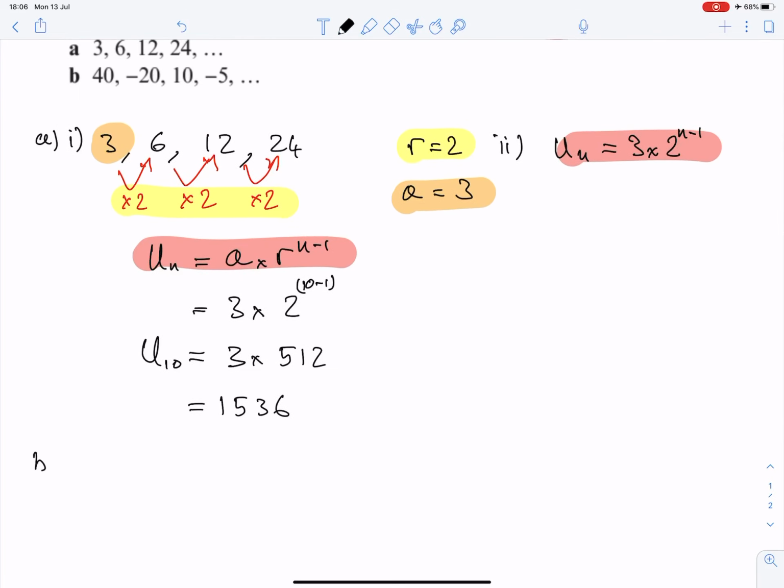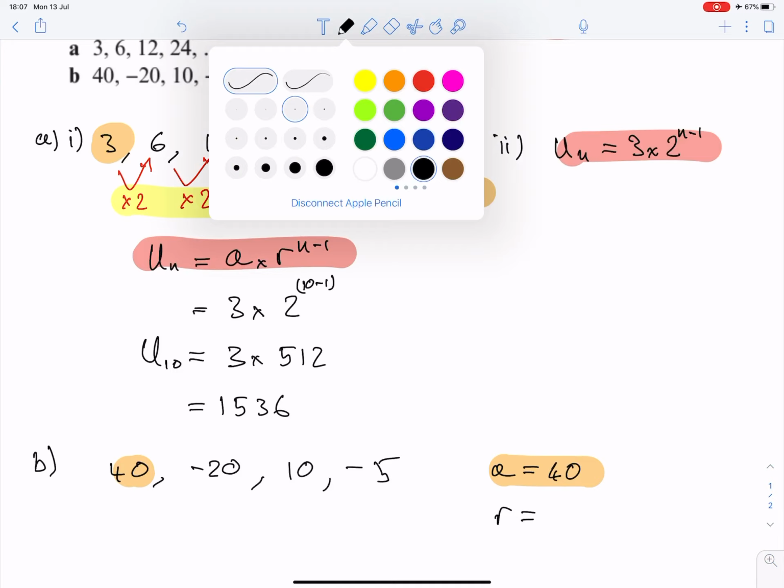Not much more difficult. 40, negative 20, 10, negative 5. So we can see the first term straight away is 40. We've been told it's a geometric sequence, so we've got to look for R, which is the common ratio.